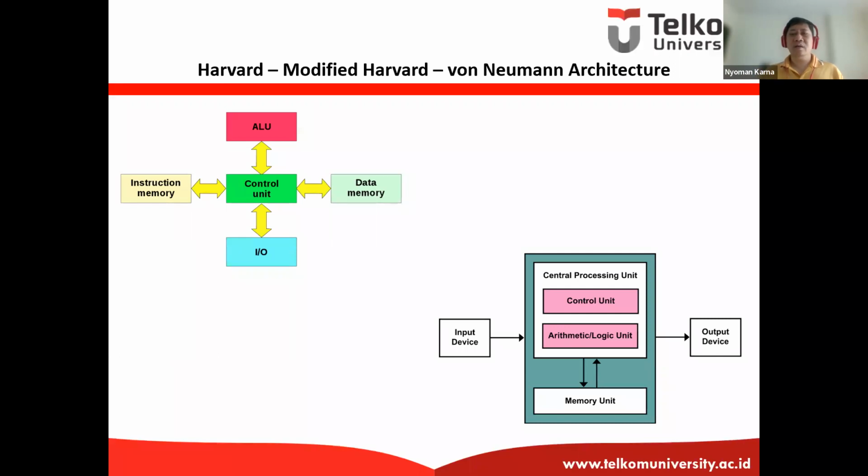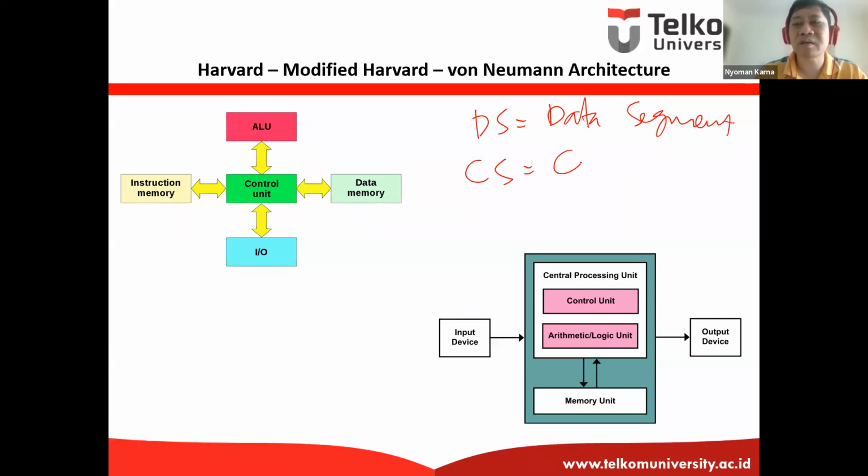That's why in Intel architecture, we have DS, which stands for data segment, and also CS, which stands for code segment. A segment is a location in the memory that can be dedicated for data or the code.